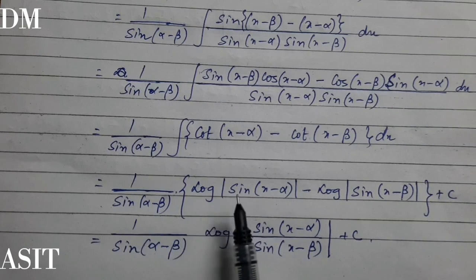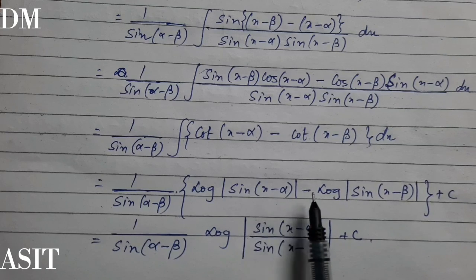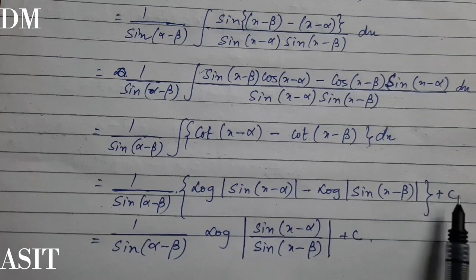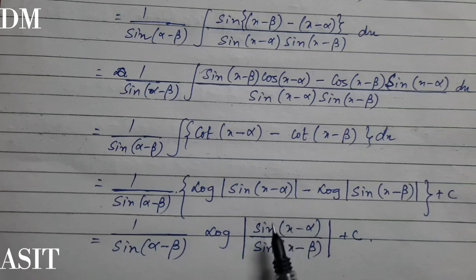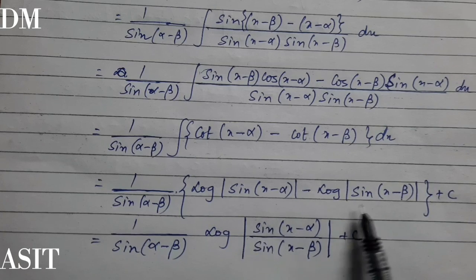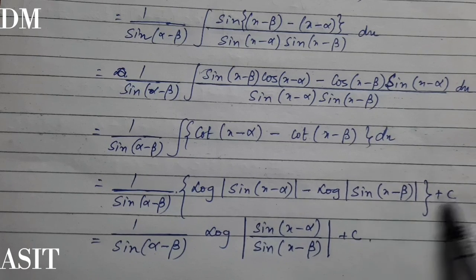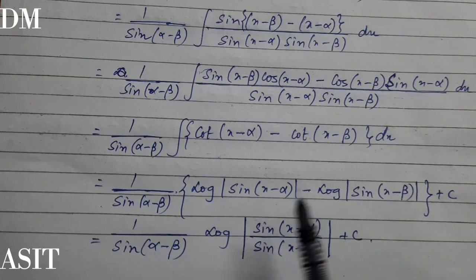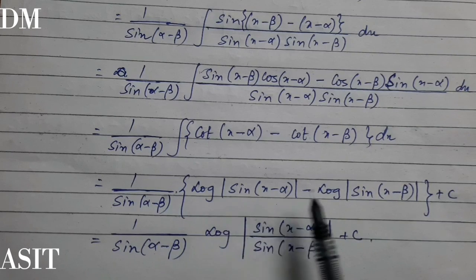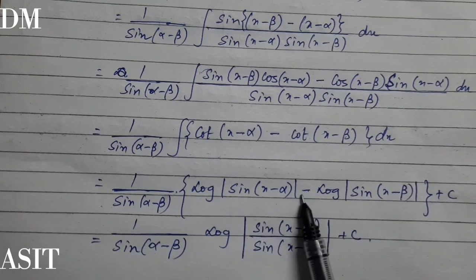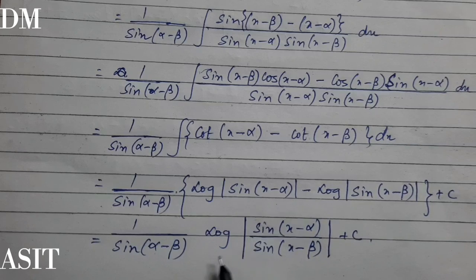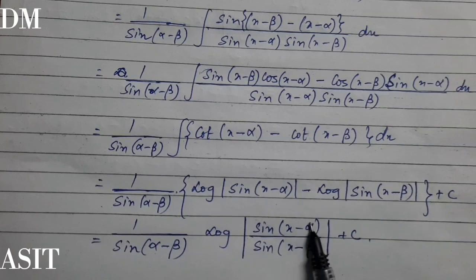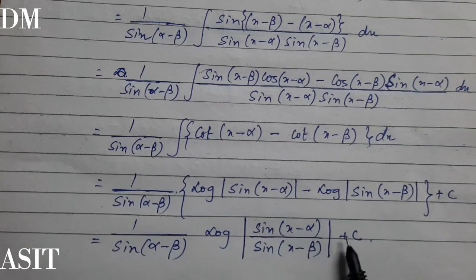So it will be log of mod sine (x minus alpha) minus log of mod sine (x minus beta) plus C. We can do one more simplification. It is correct up to this, no need to do after that, but if you want to, you can. Since there is a minus, it will be division inside the log: log of sine (x minus alpha) by sine (x minus beta) plus C.